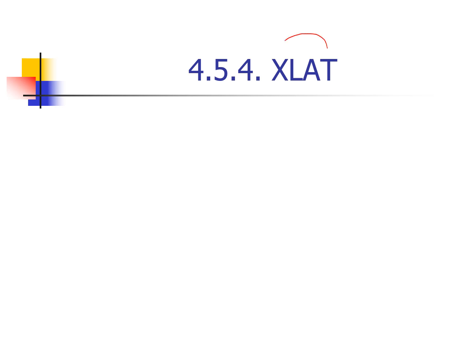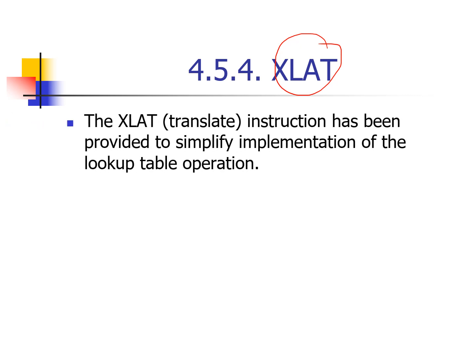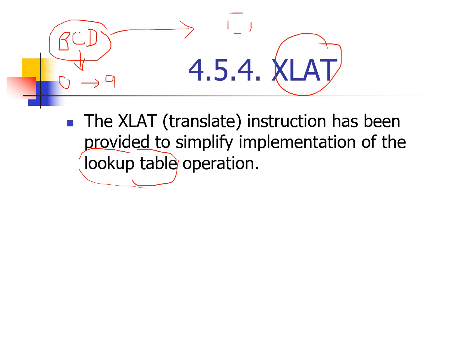The last instruction is the translate instruction. They are very useful in dealing with lookup tables. And this is useful in transferring binary coded decimal, if you are representing the decimal numbers from 0 to 9 in binary, and you would like to display this on a 7-segment display as digital numbers.